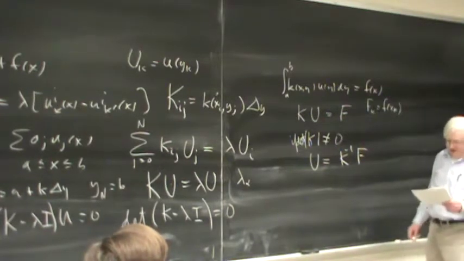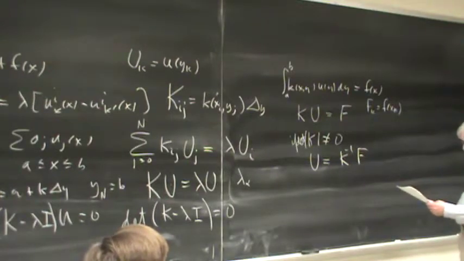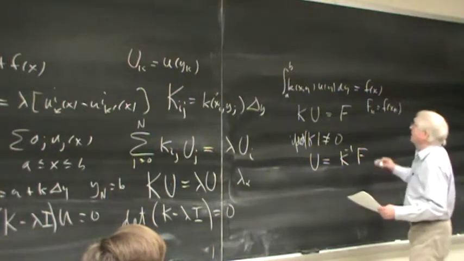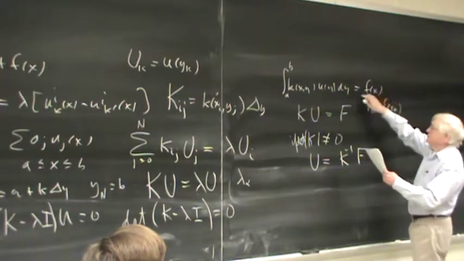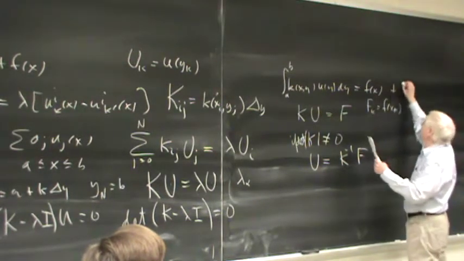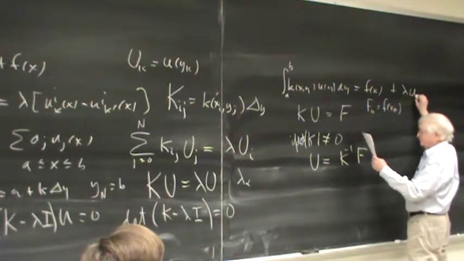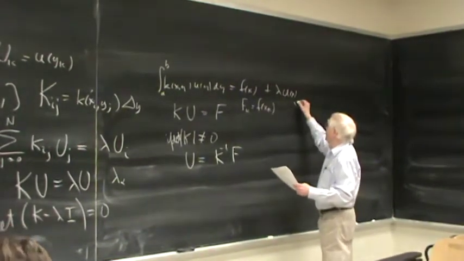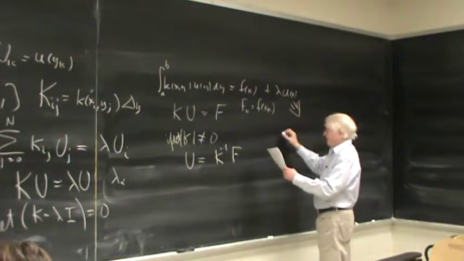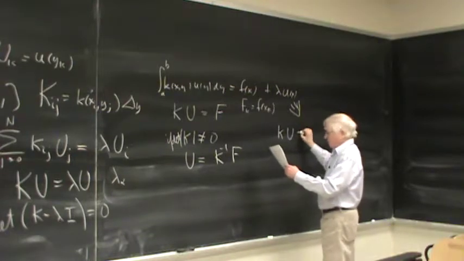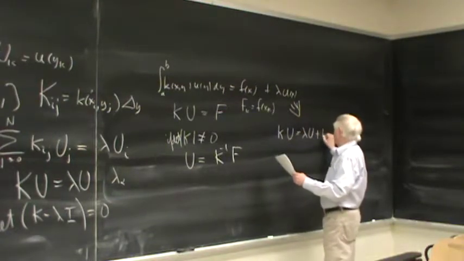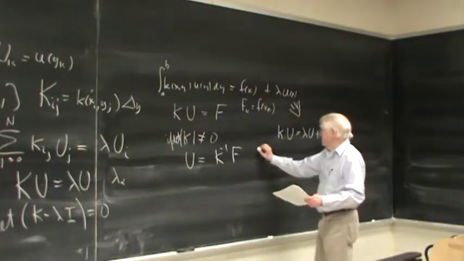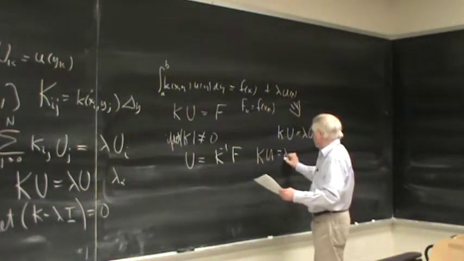So now if we apply it to an inhomogeneous Fredholm equation of the second kind, in other words, let me just take this equation and just add the eigenvalue term, then what we have now is Ku is equal to lambda u plus F. And now the homogeneous equation, of course, is Ku equals lambda u.